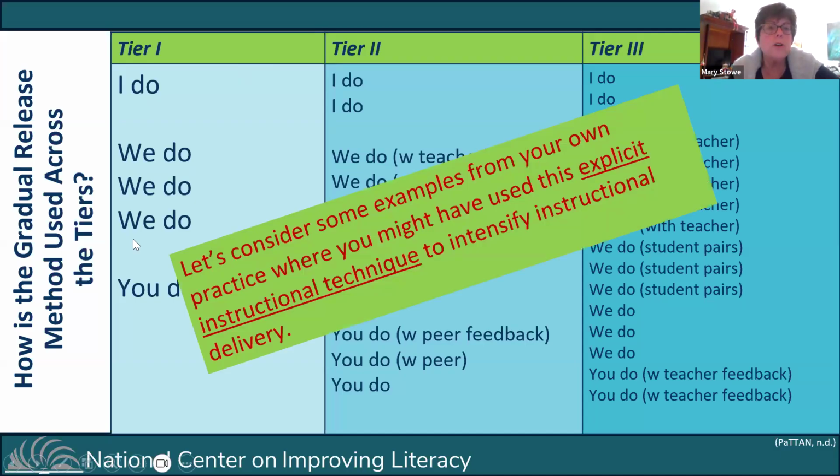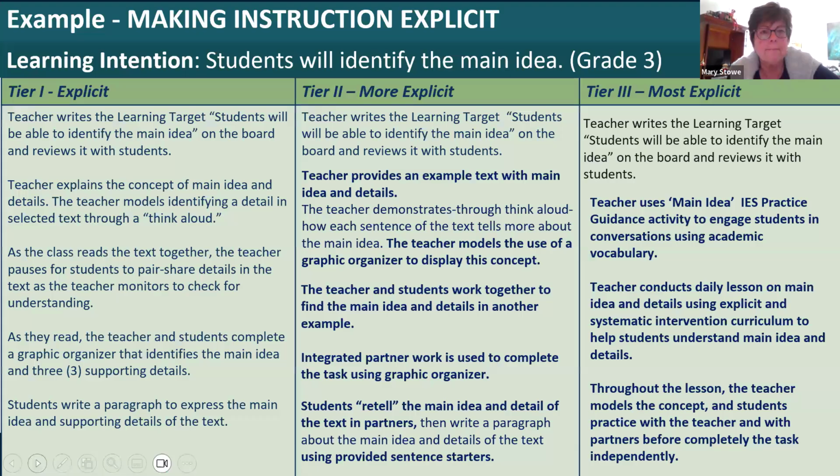So we might also want to explore another guide that will be placed in the chat for you as well. And I'm not sure if Jess shared this or not, but there are 10 key principles around explicit instructional policies and practices that comes to us from the Meadows Center at the University of Texas at Austin. That provides us a great guide in thinking about explicit instructional techniques.